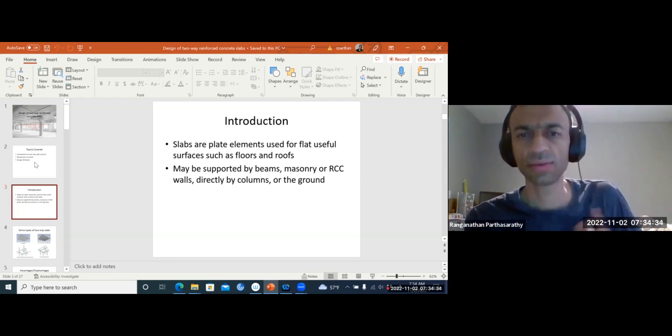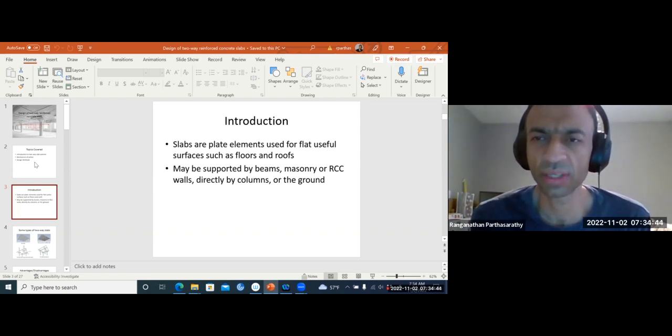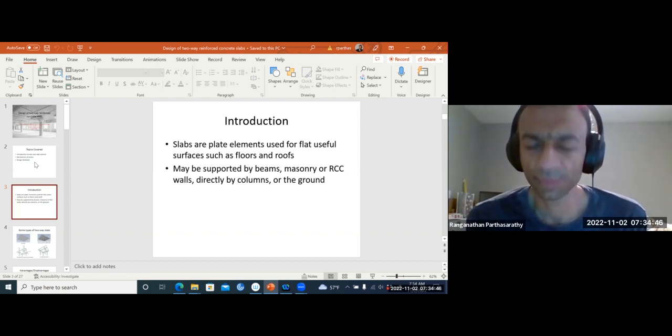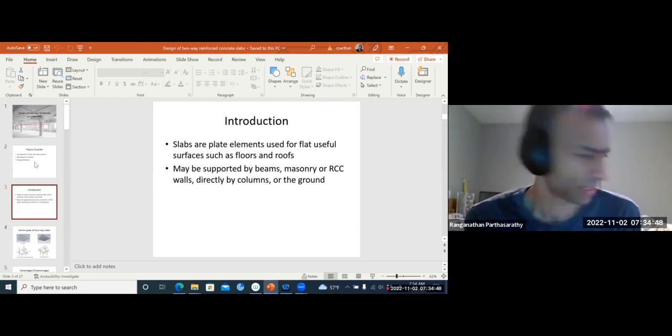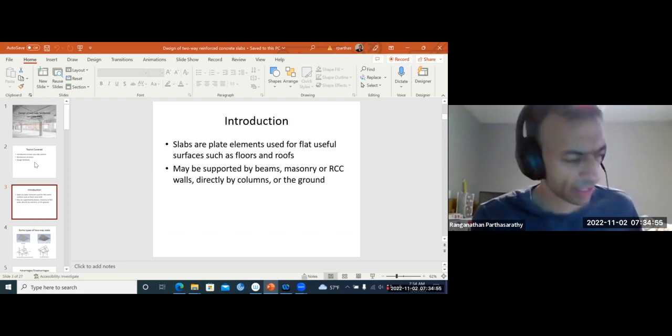So what are slabs? Slabs are actually plate elements which are used for flat surfaces such as floors and roofs. So plate elements, that means they carry the load by bending like a plate.